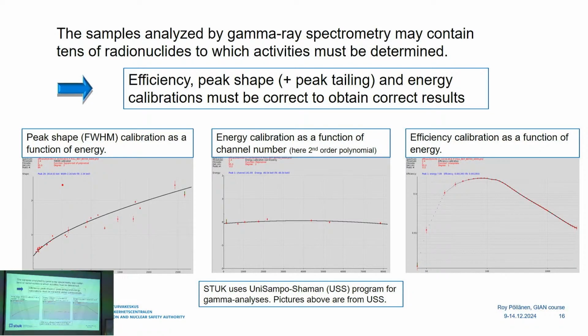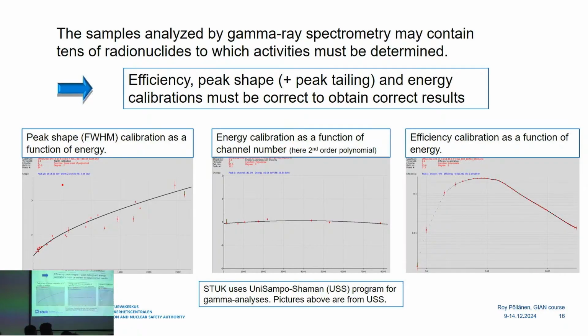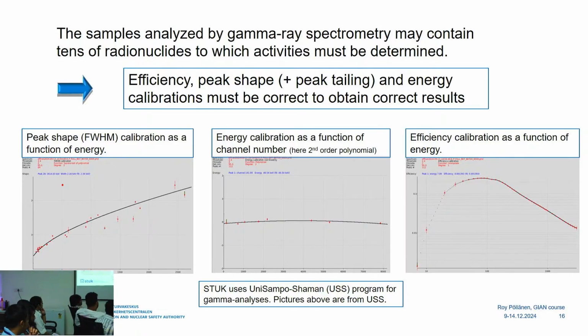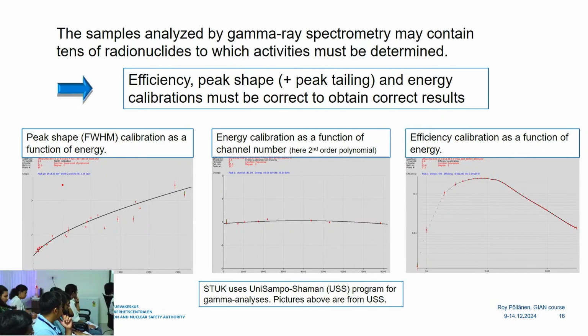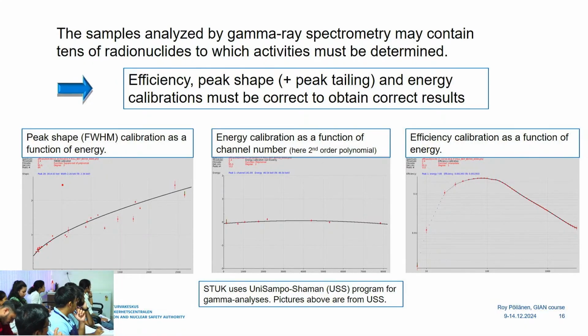This is energy difference between linear calibration and true calibration, which was in this case a second order polynomial. This is efficiency calibration that I showed you yesterday. We can get correct results.